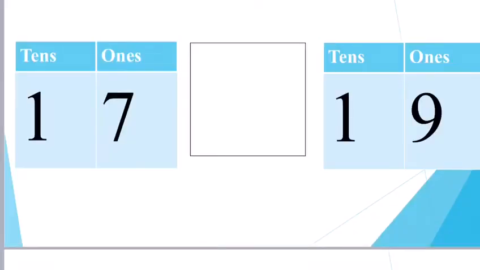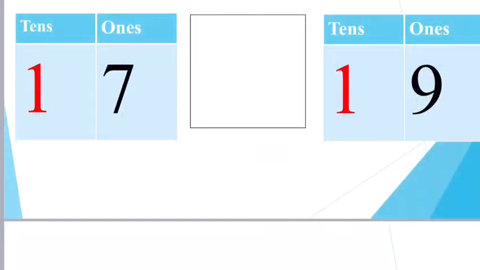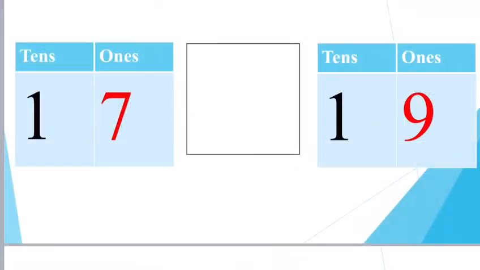As you can see here, we split 17 and 19 into their values, and you can see both have got 1 in the tens column. If we compare the numbers in the ones column, we will see that 17 has got 7 ones, whereas 19 has got 9 ones, so we can see that 17 is less than 19.